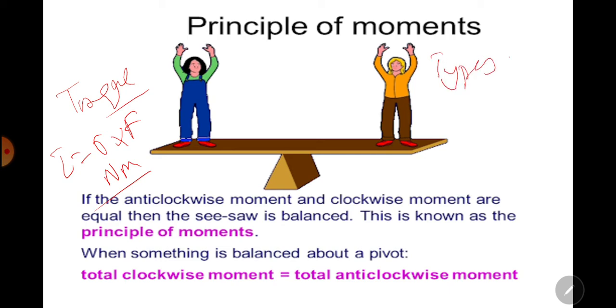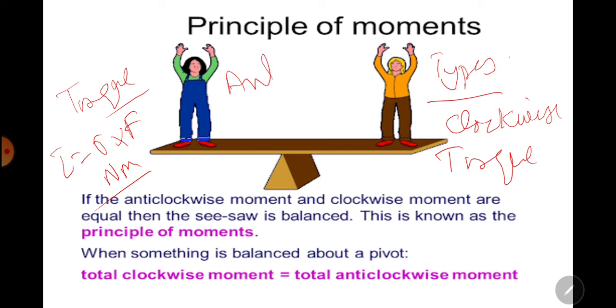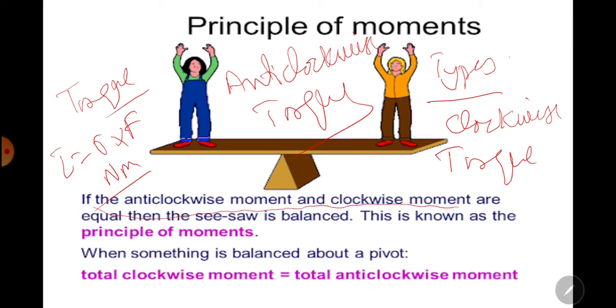There are two types of torque: clockwise torque and anti-clockwise torque. If the anti-clockwise moment and clockwise moment are equal, then the seesaw is balanced. If this torque and this torque are equal, the body is said to be balanced.